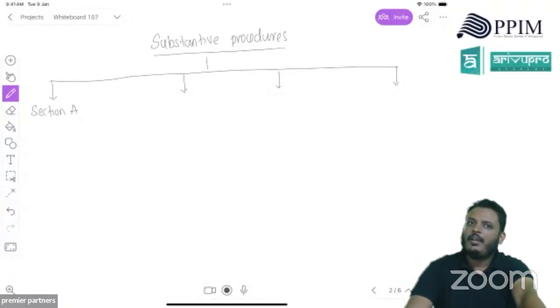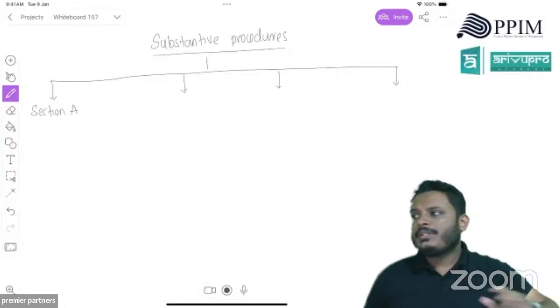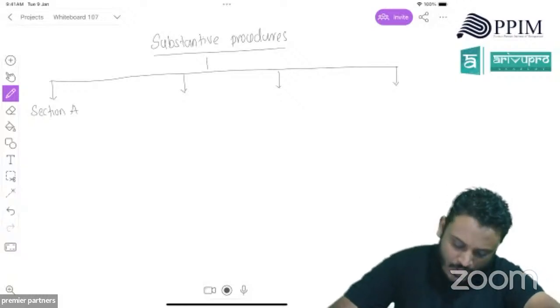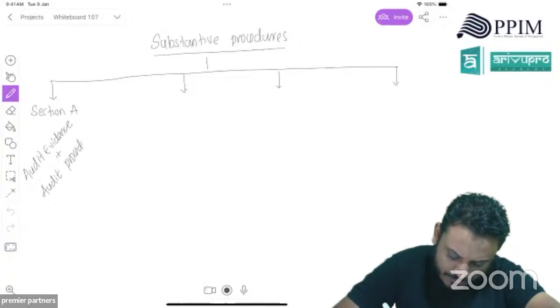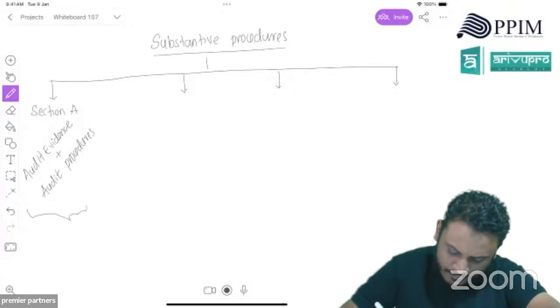Some students might get it, some might not, but there is a possibility. In your section A, audit evidence plus audit procedures can be tested.